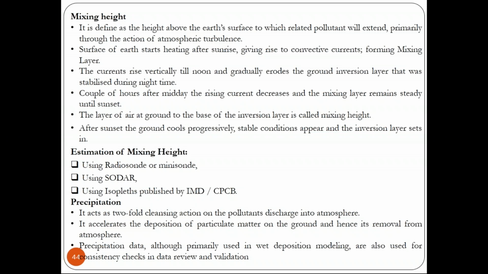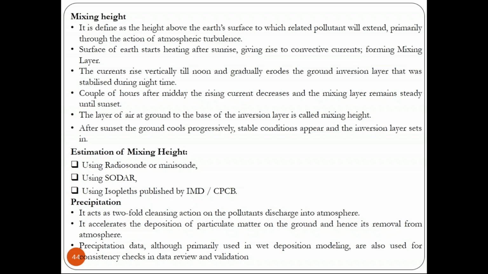You can also take the mixing height from that. Otherwise, all the software we are using today, like AERMOD View or CALPUFF or Envitrans, etc., have inbuilt mixing height for some cities, for the district. So you can use those mixing heights automatically by putting in the name.